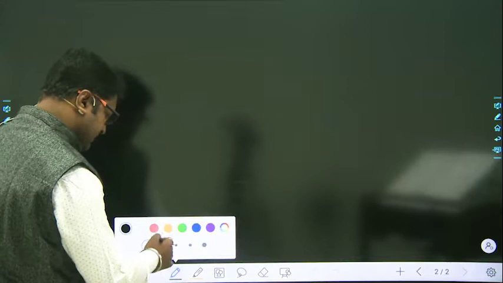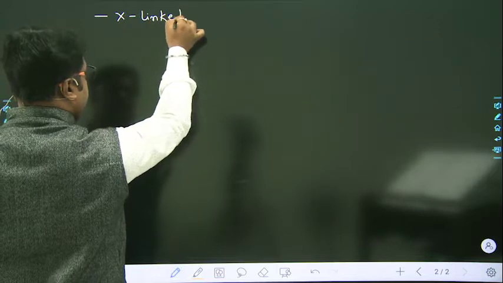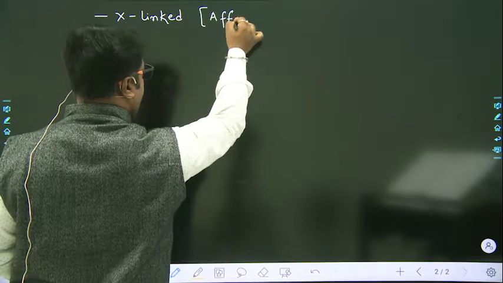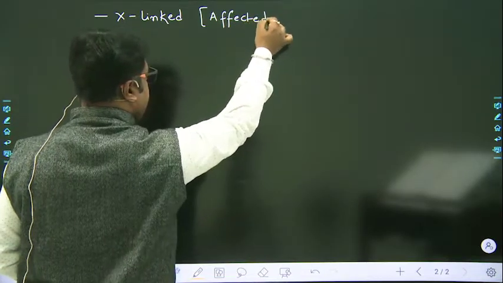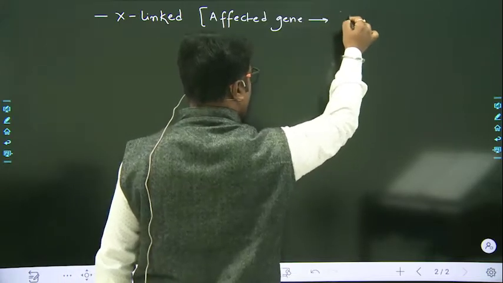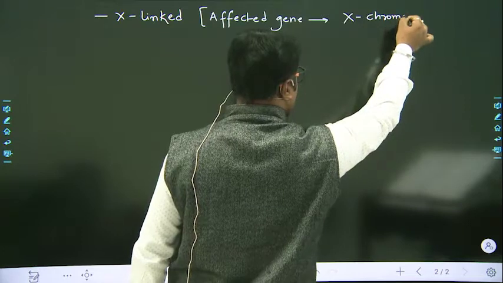So first of all, for X-linked disorders, obviously the affected gene will be present on the X chromosome.